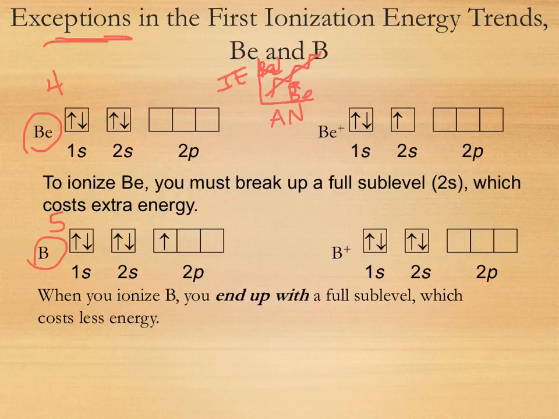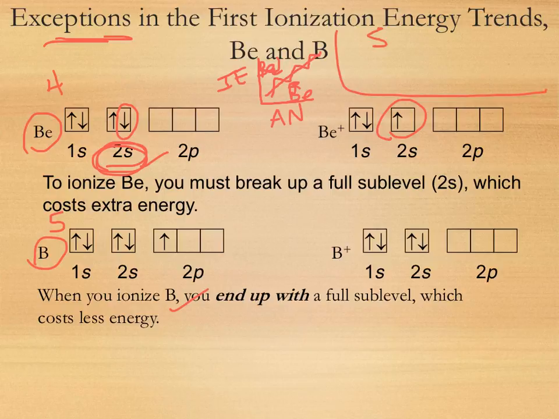If you look at the electron configuration, you can kind of see how that would happen. If you remove a valence electron from beryllium, you're breaking up a full sublevel, the full 2s sublevel. And you may remember from the last chapter, it's very stable, very energetically favorable to have a half-full sublevel or a completely full sublevel.